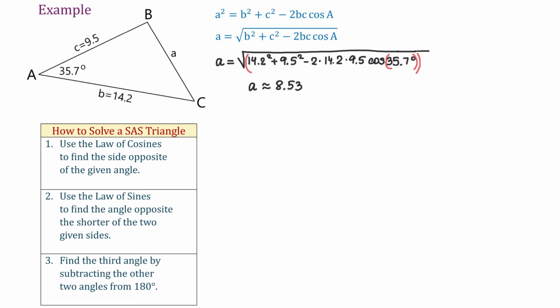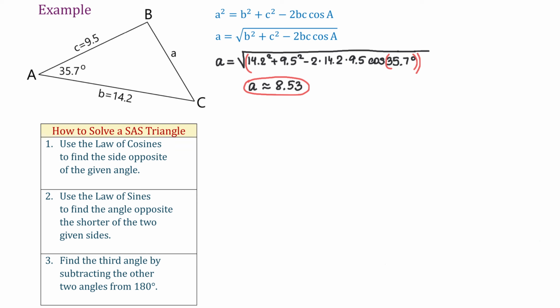8.53 units. Next, according to step 2, we will use the law of sines to find the angle opposite the shorter of the two given sides. From the figure, we see that side C is the shorter out of the two given sides. So then, we will use the law of sines to find angle C, because this angle is opposite the shorter side.